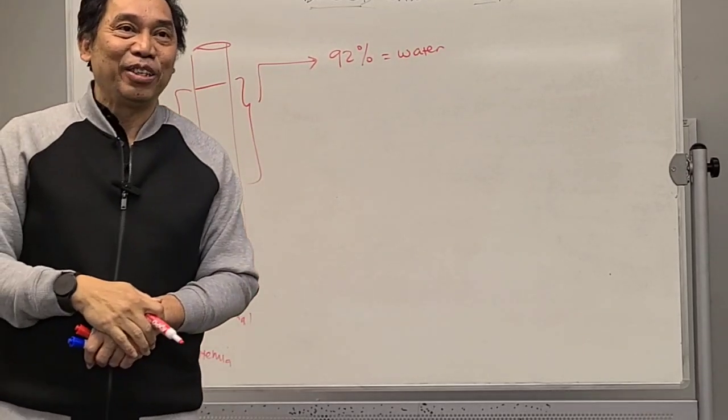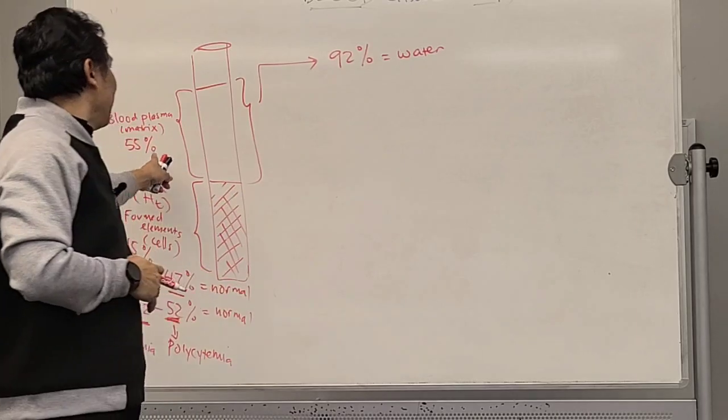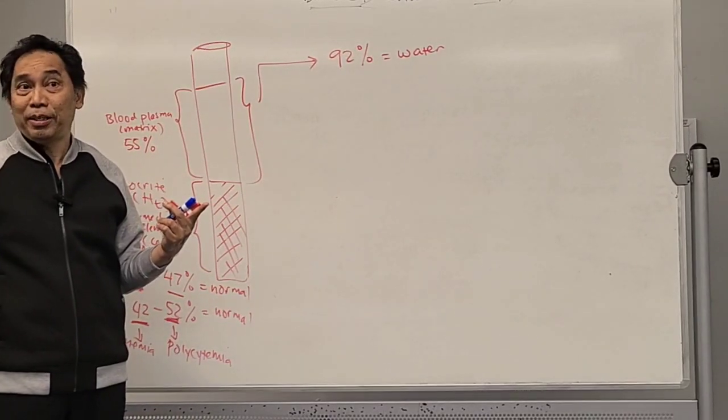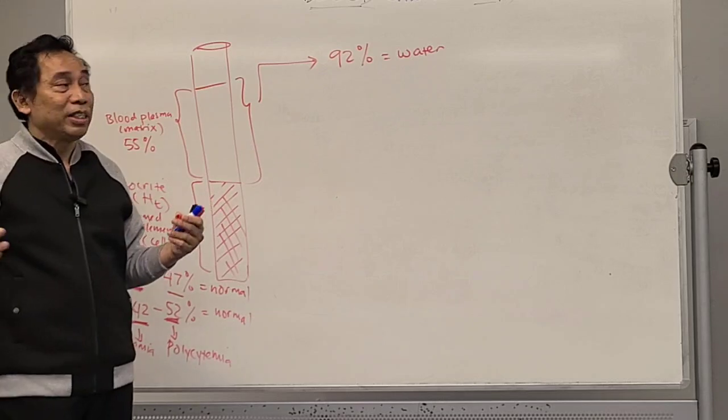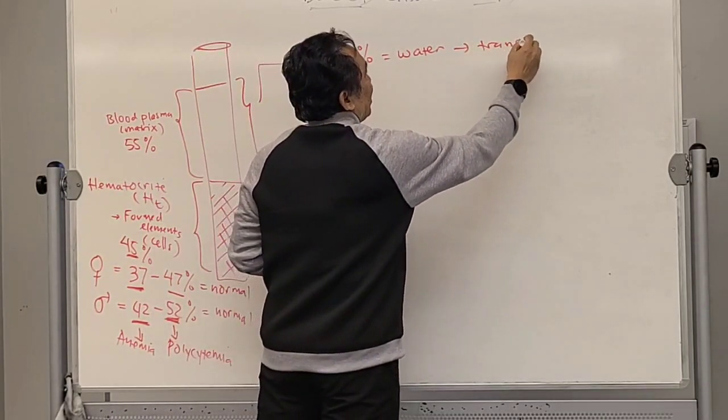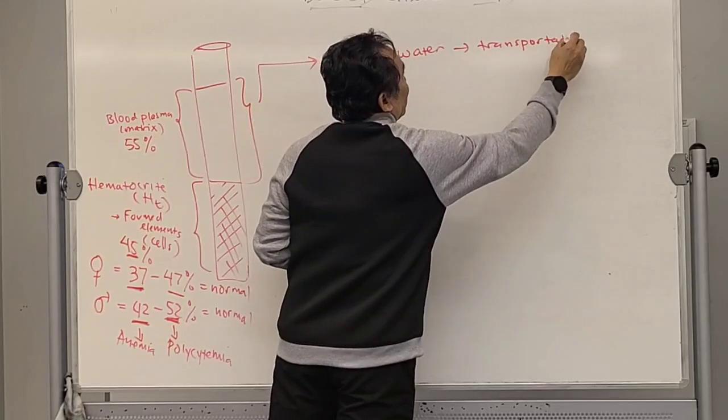So 92% of this 55% blood plasma is actually water. That's it. Now what is the water's function? This is transportation, right?